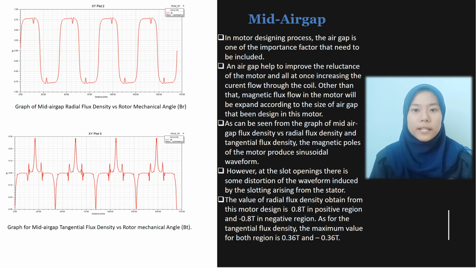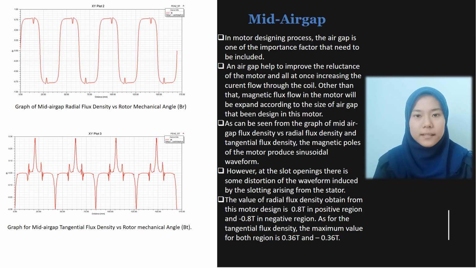The value of radial flux density obtained from this motor design is 0.8 Tesla in the positive region and negative 0.8 Tesla in the negative region. As for the tangential flux density, the maximum value for both regions is 0.36 Tesla and negative 0.36 Tesla.